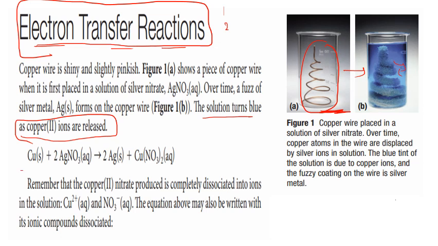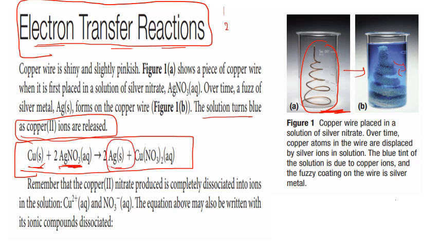So essentially this reaction is happening. We will study in detail what this reaction is about. Copper, first of all, was in the solid form. It went into the AgNO3 solution, the silver got deposited, and then we had copper nitrate in the solution, in the aqueous form.